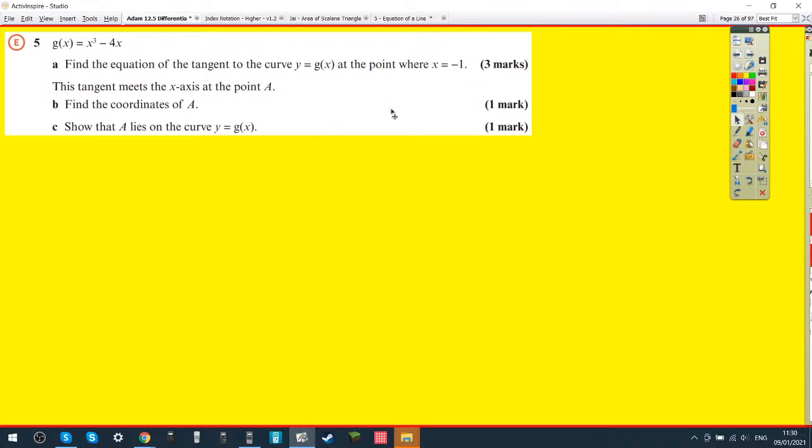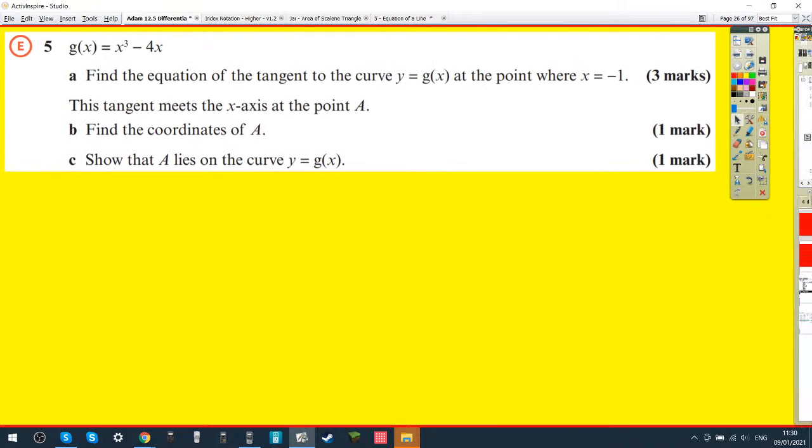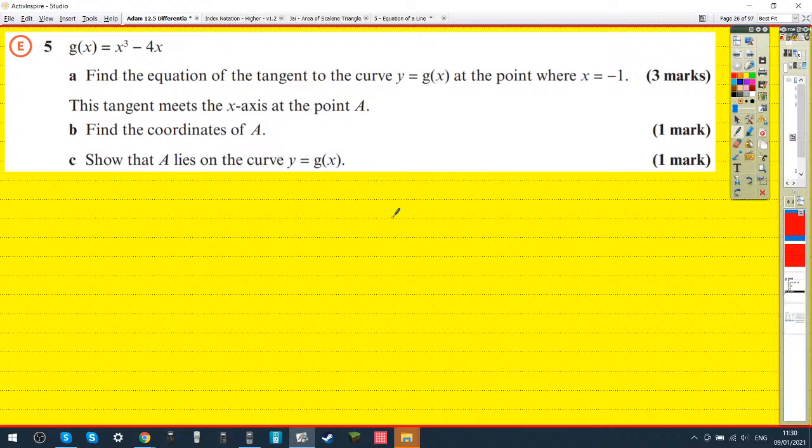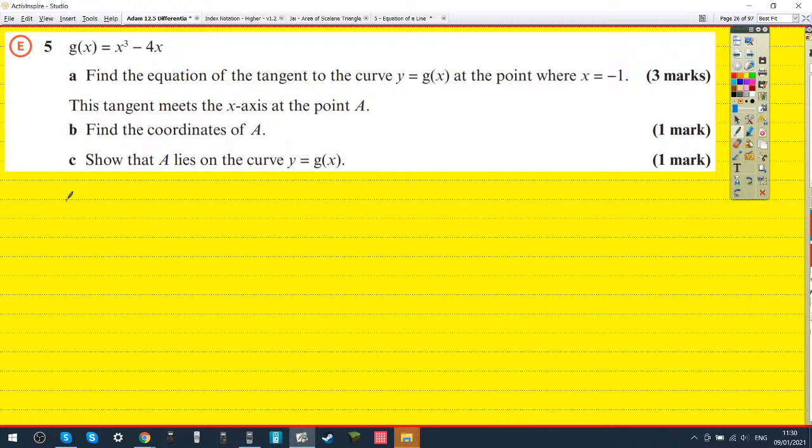Okay, let's try this one. So it'd be 3x to the power of 2 minus 4. And then can you substitute minus 1 in? Which gives you minus 1. Let's see. Go on.